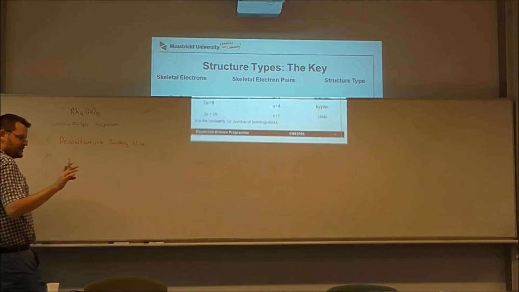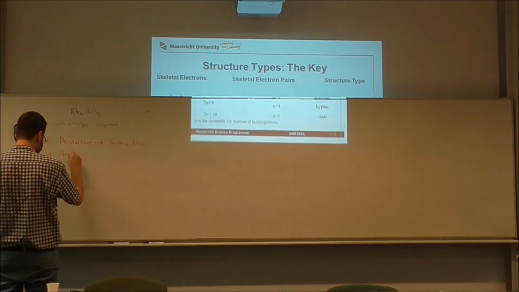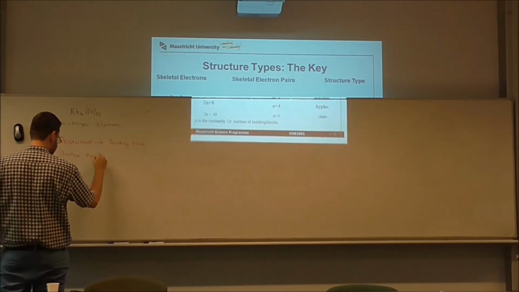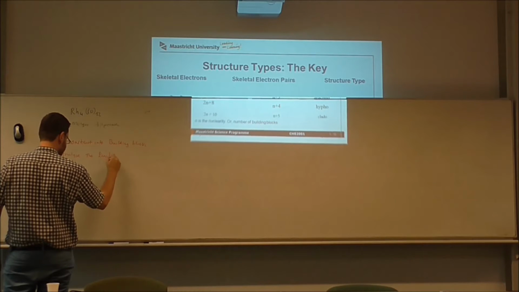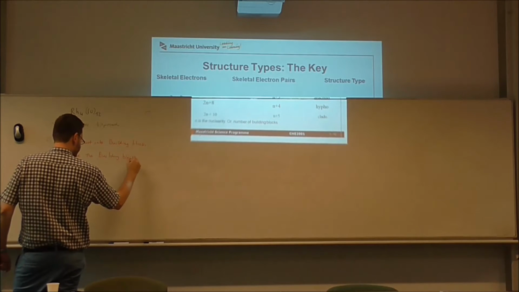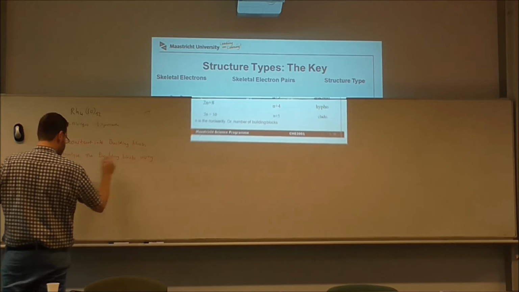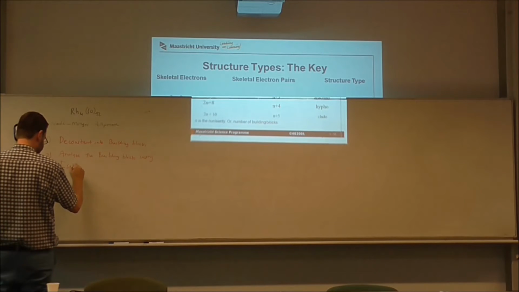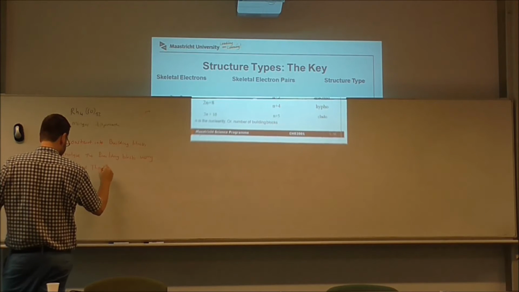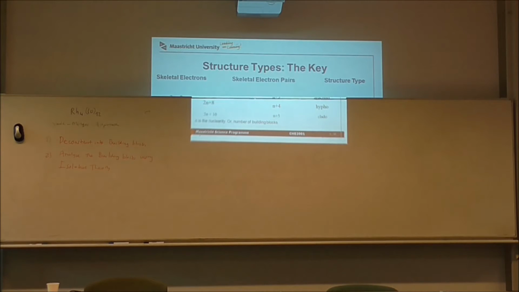The second step is going to be to analyze the building blocks using isolobal theory. And isolobal theory is going to tell us how many electrons each building block is going to be able to contribute to the cluster that we're going to build from those fragments.